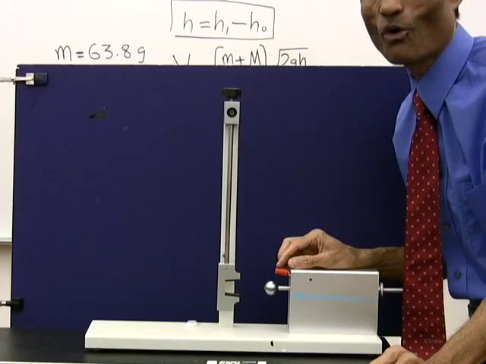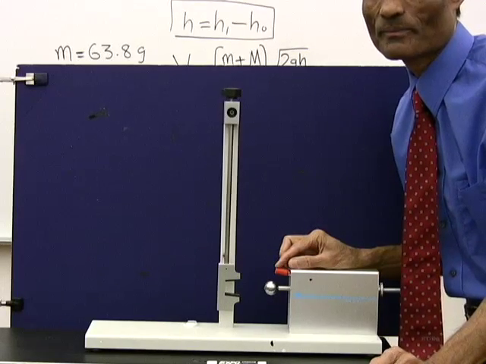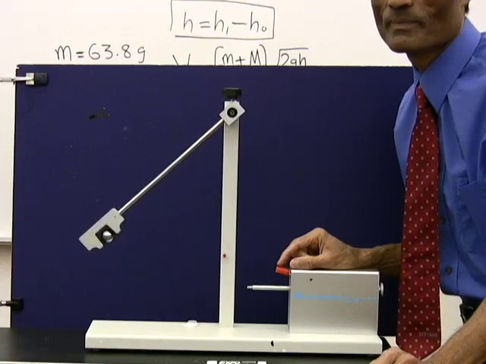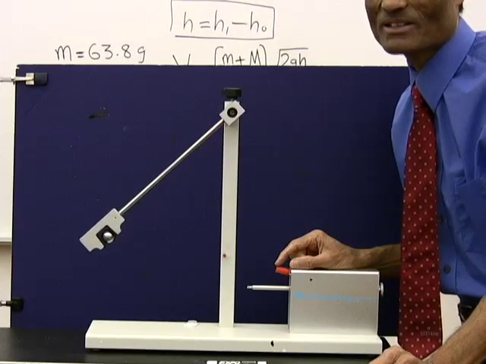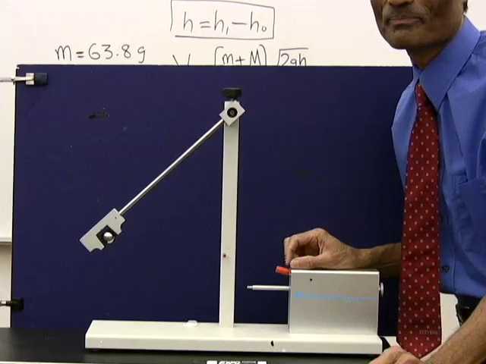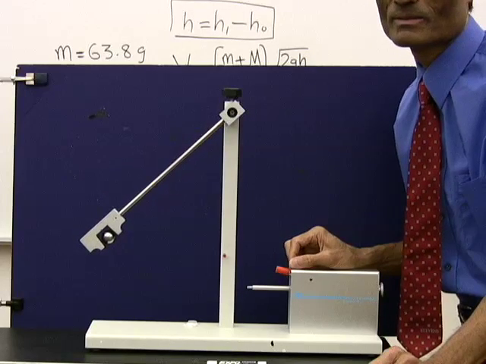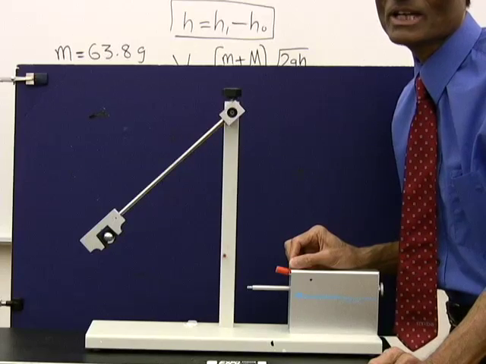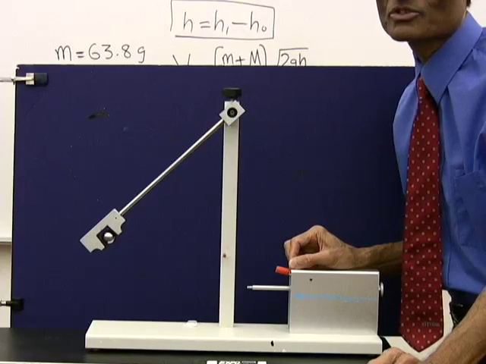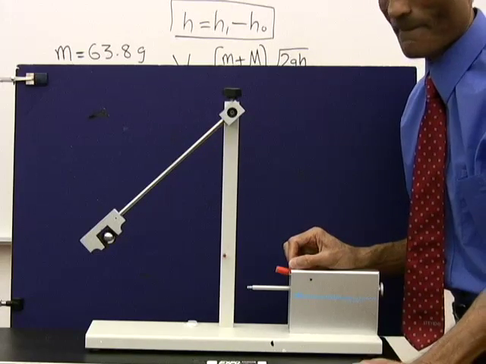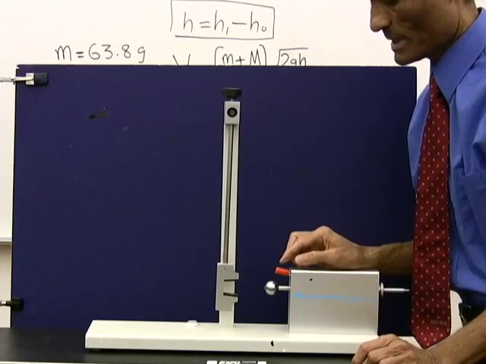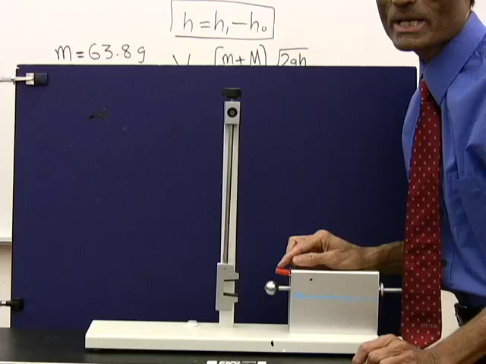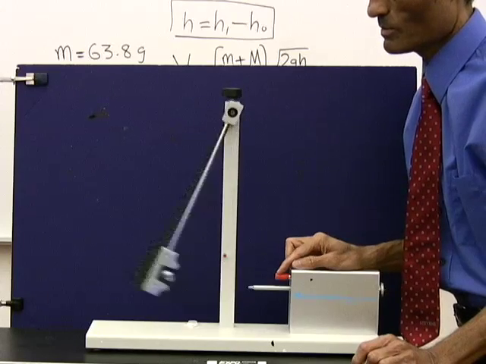Now we have the fourth trial. Ready? Let's go. Measure that height h1 and calculate h equal to h1 minus h0. Let's now do the fifth trial. Alright, ready? Go.